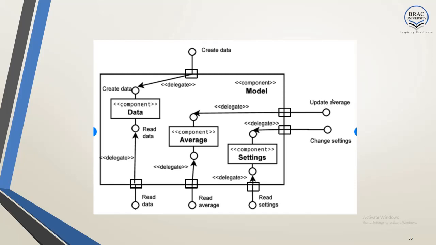So whenever there is an update average operation, this average component receives that data, and this data is again provided to the outer environment for the view to use this interface. Similarly, the data component also provides the read data option, and the settings component provides the read settings option to the view, so that the view can use this data to update the display.